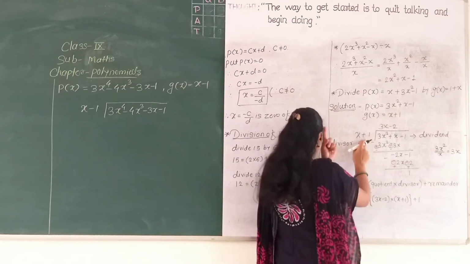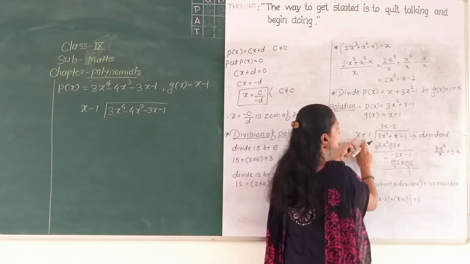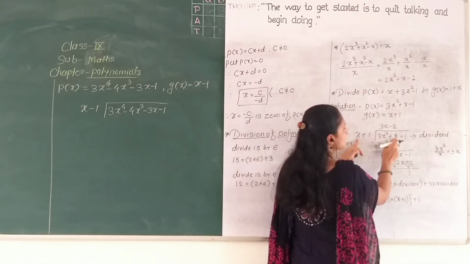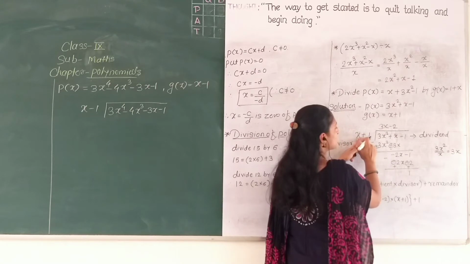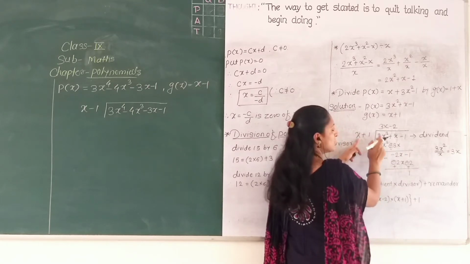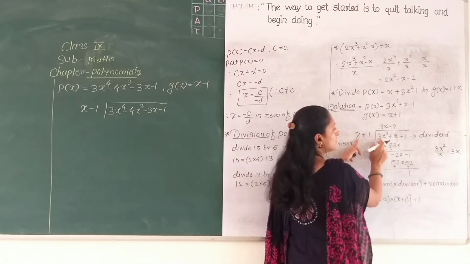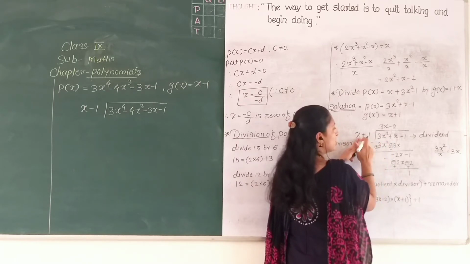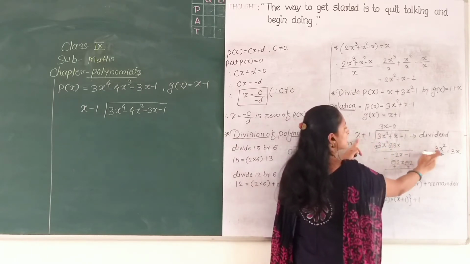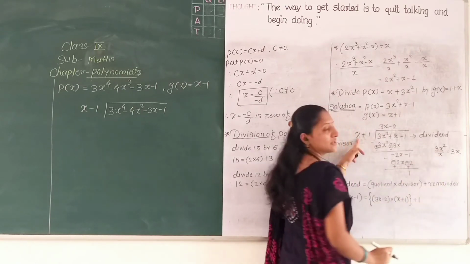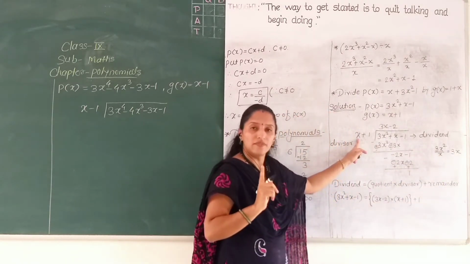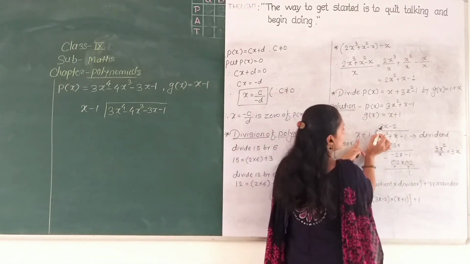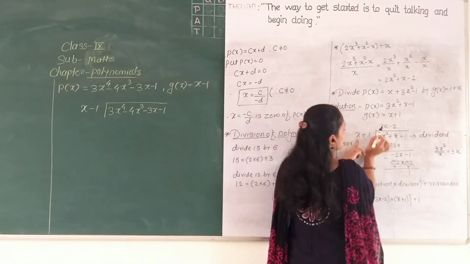Look here, what is the first step? We want to divide 3x square plus x minus 1 by x plus 1. So first divide the first term of the dividend by the first term of the divisor, 3x square by x, that means 3x. So our first quotient is 3x.